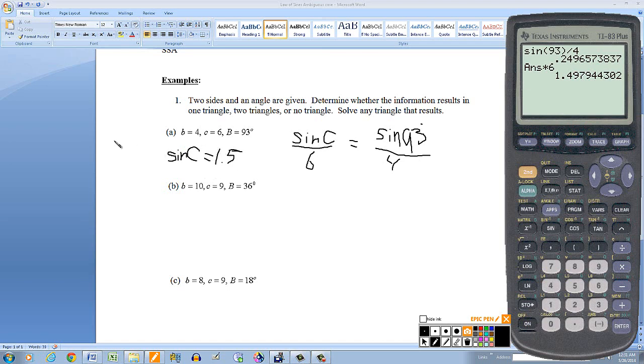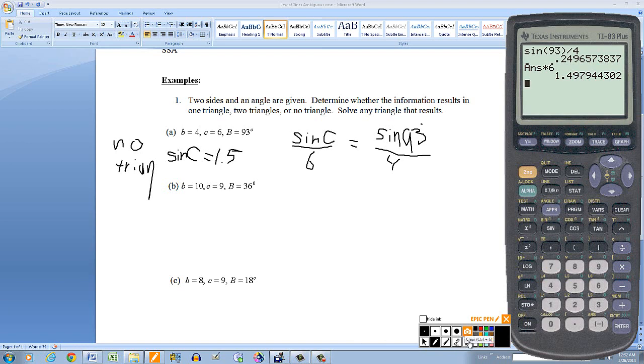So for the first one, no triangle is possible. And that's the easy case, because you don't have to do anything more. This tells you to determine whether there's 1, 2, or no triangle, and solve any triangle that results. Well, in this case we have no triangle, so there's nothing to do.